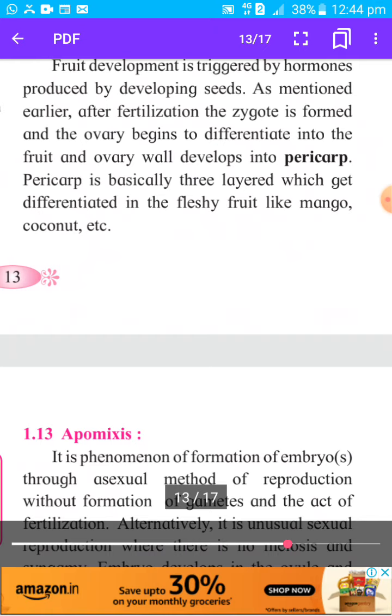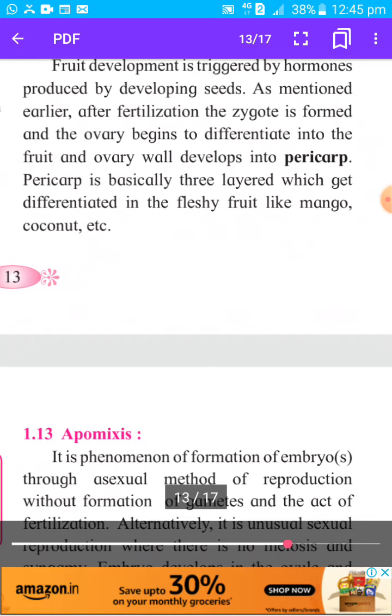So after fertilization there is a formation of zygote, which will again convert finally into embryo, and the ovary will convert into fruit, and the walls of the ovary will develop as the pericarp, meaning the outer layers of the fruit.